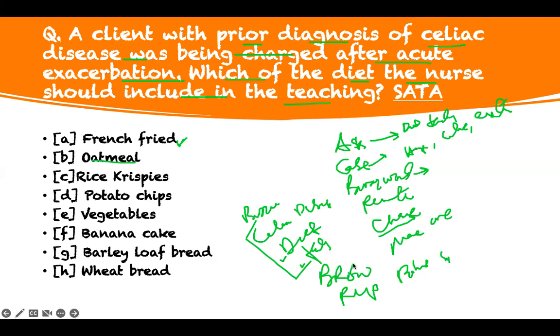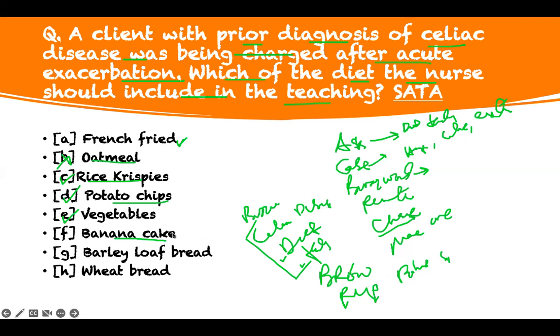I see the oat here, so no, you can't eat this. So this is wrong. Rice, I'm good with this. Potato chips, you can eat potato chips. Vegetables, it is not part of the hot dog, chocolate, soya beans, and malt, so vegetables is fine. Banana cake, well, I don't see it here, so I'm good.